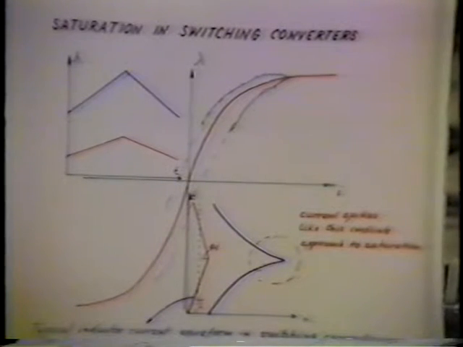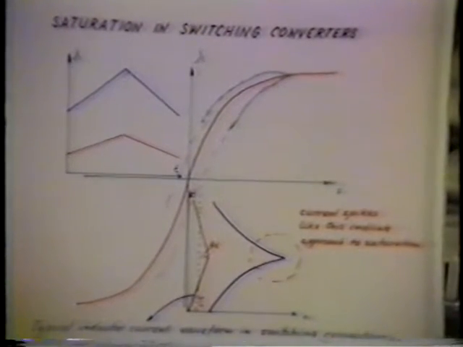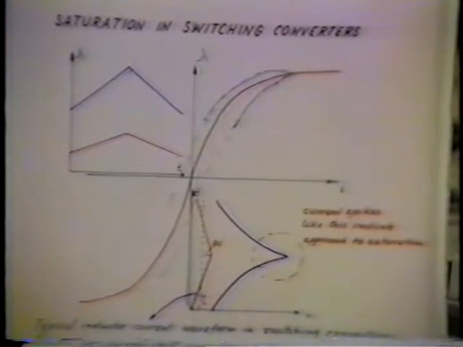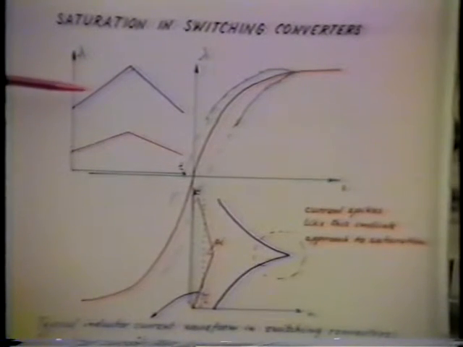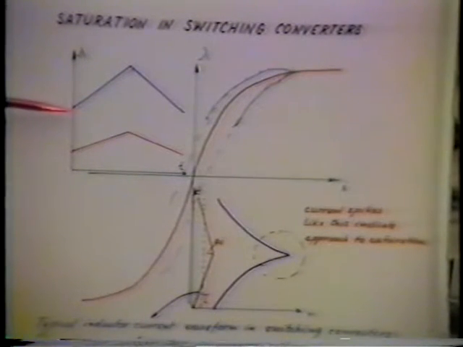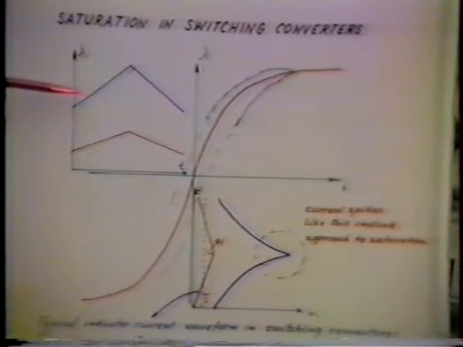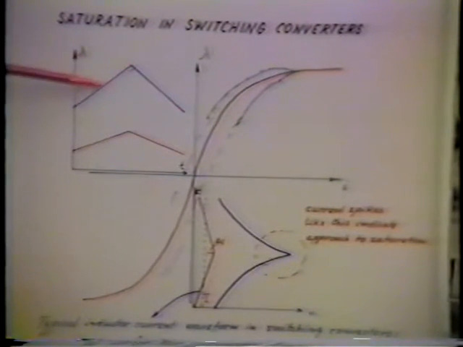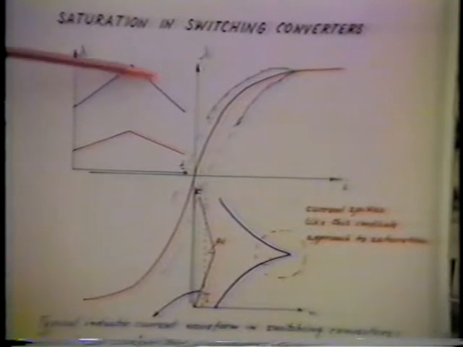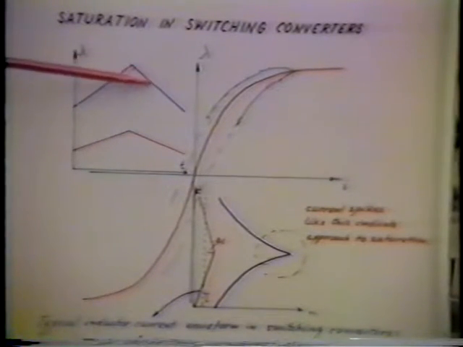Let us now look at some saturation effects in more detail and how the saturation is affected by the various parameters in the circuit. Here we see that by driving the core very hard, the volt-second balance will result in flux linkages which are still triangular, linear, because the voltage is a square wave.